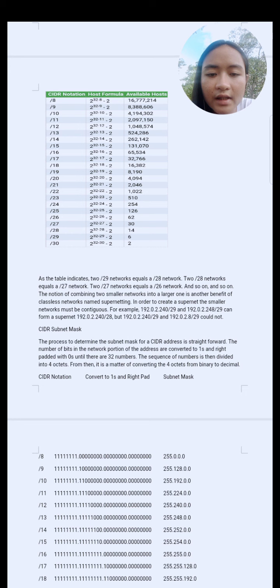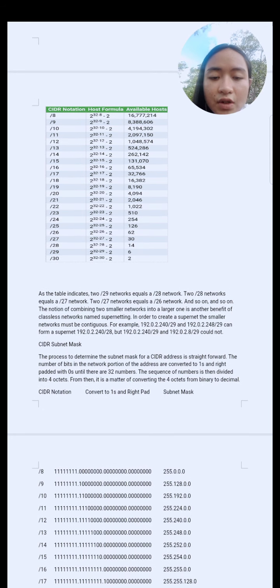In order to create a supernet, the smaller networks must be contiguous. So we have here, for example, 192.0.2.240/29, and so on.